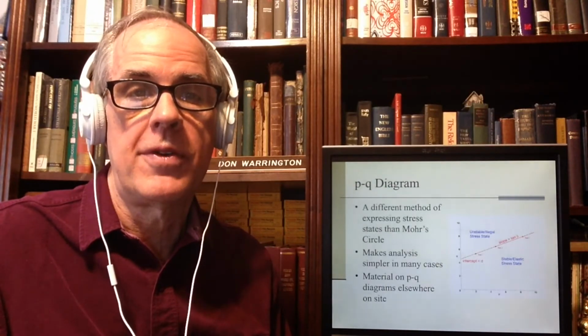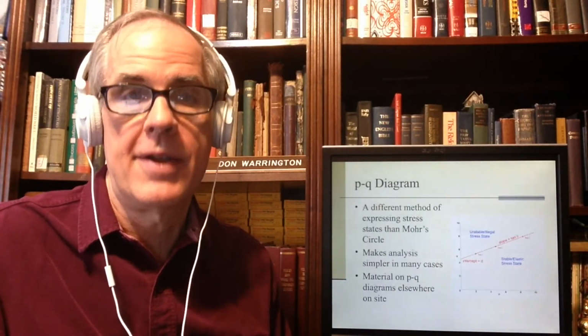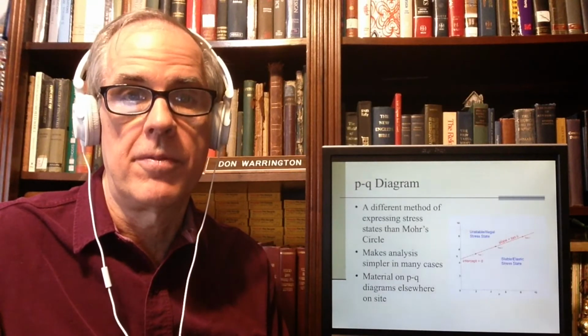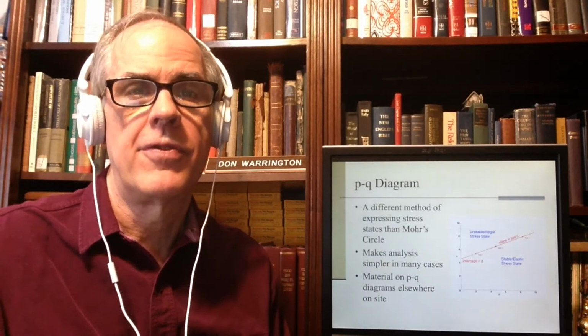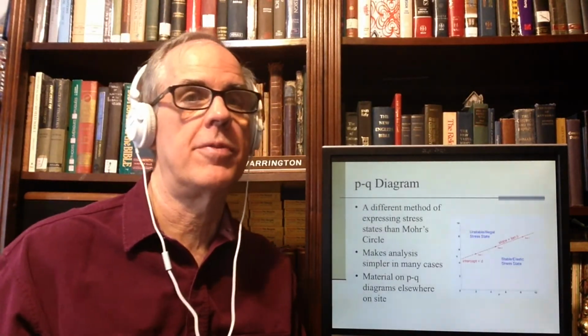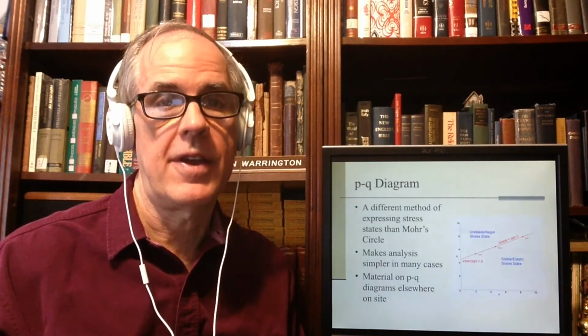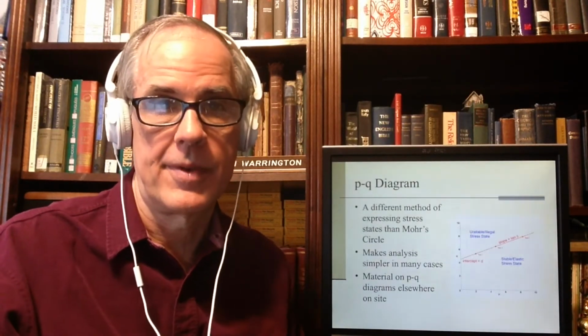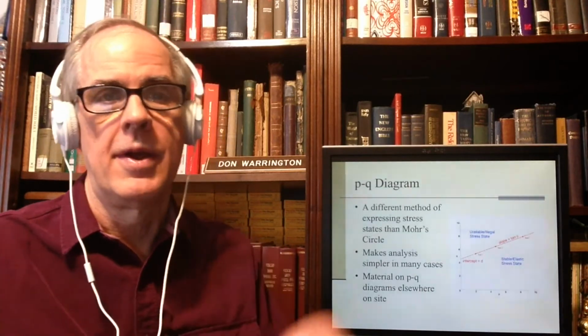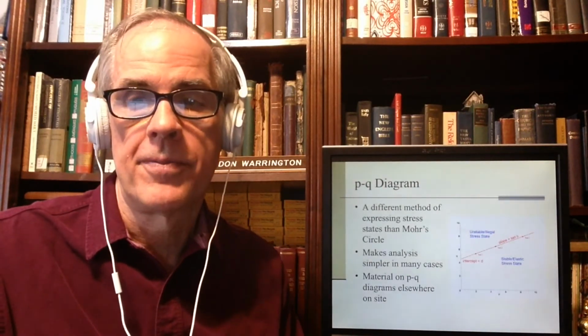And Q is equal to the first principal stress minus the third principal stress over 2. By the way, the first principal stress minus the third principal stress is the deviator stress. Just keep that. We're going to come back to all of this. I'm just introducing it the first time.